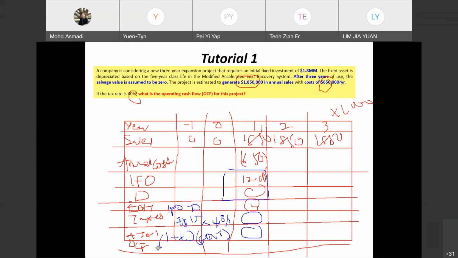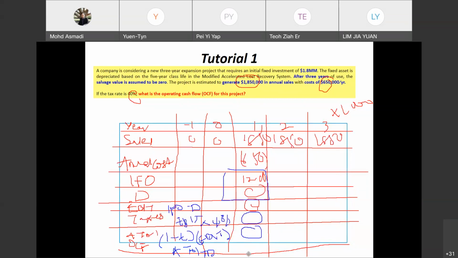So you can get this one. So OCF: EBIT times 1 minus T plus D. So you can get OCF. Please calculate the final OCF for every year. It's going to be different. Give me the value for first year, second year, and third year OCF.